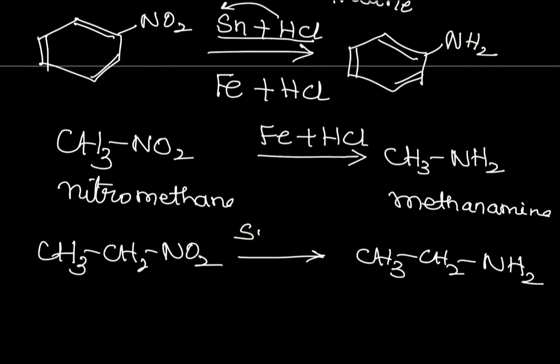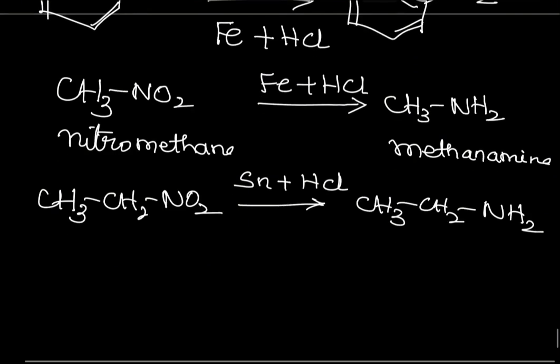Now here I'll take tin plus hydrochloric acid as the reducing agent. The oxygen part is converted into water, but we are not writing it here. So this is the first method of preparation of amines from nitro compounds.